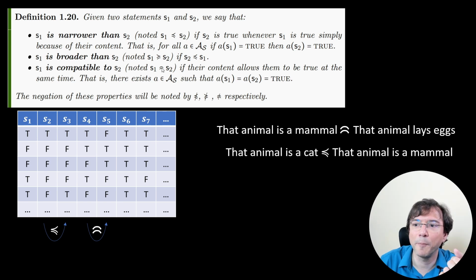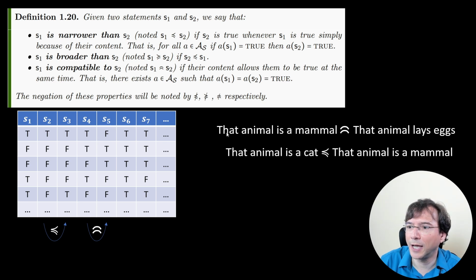And two things are compatible if they can be true at the same time, so that there is an assignment such that both things are true. So for example, these two statements can be true at the same time, so these are compatible. And of course, you can see that all these four statements can all be true at the same time, so they're all compatible with each other. Okay?